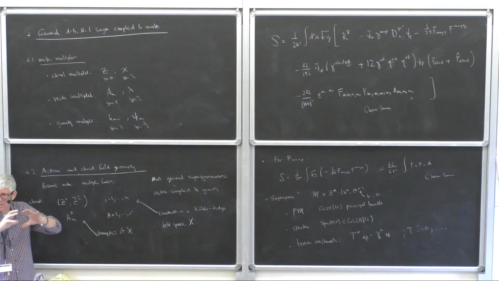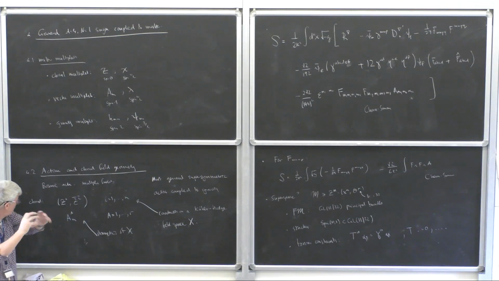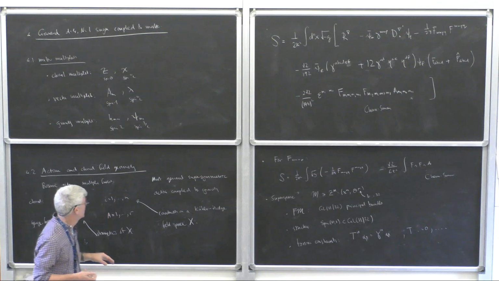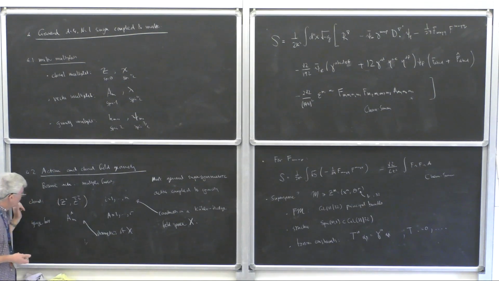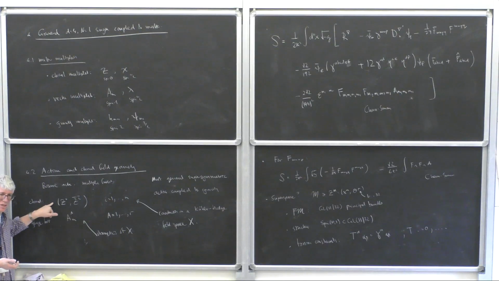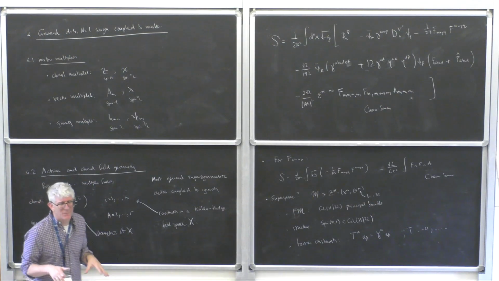You may have some symmetries. If it's got some symmetries, then you can have gauge fields for those symmetry directions. So those are the ingredients that are going to go into the full action. So maybe I'll stop there, and then this afternoon I'll tell you what the action looks like and how those geometrical ingredients appear.